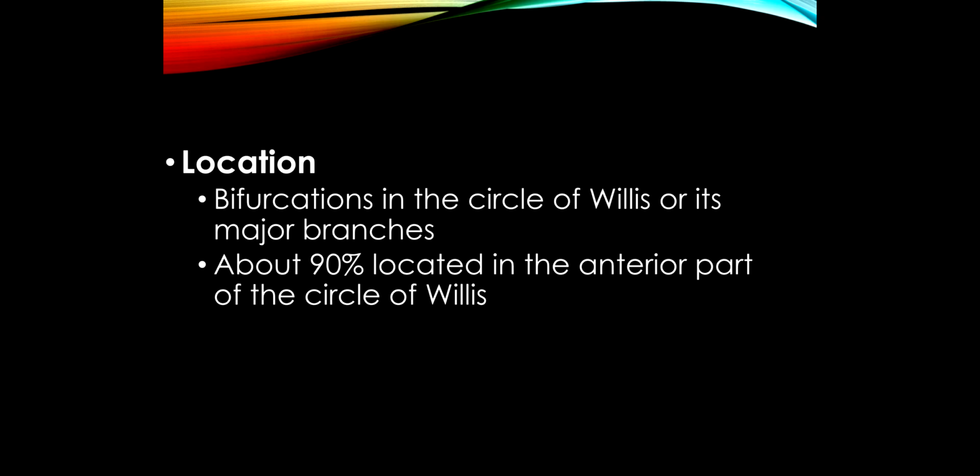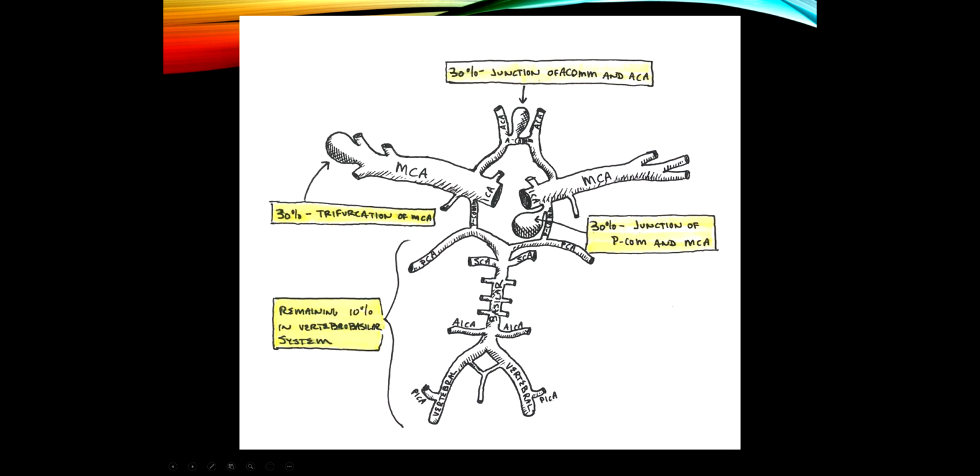So we've already discussed that when an aneurysm ruptures, it causes a very intense headache. And so the locations are 90% in the anterior portion of the circle of Willis. So Dr. Deich drew this out, and I thought it was really helpful. So we can have about 30% come off the anterior communicating artery, about 30% here off of the trifurcation of the middle cerebral artery, and another 30% at the junction here between the internal carotid artery and the posterior communicating artery.